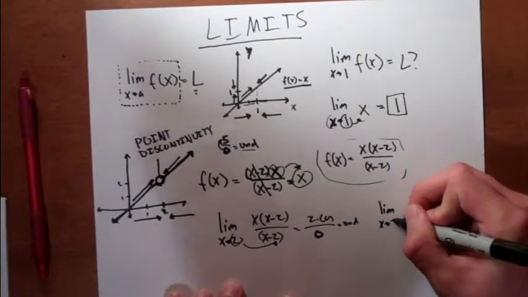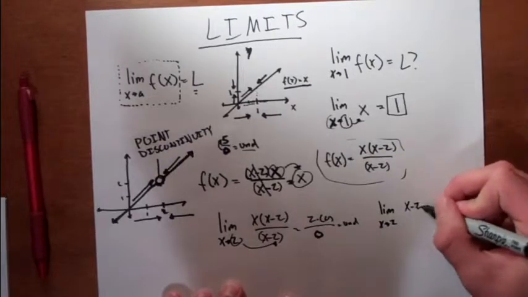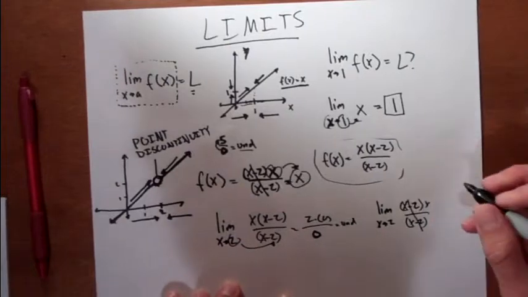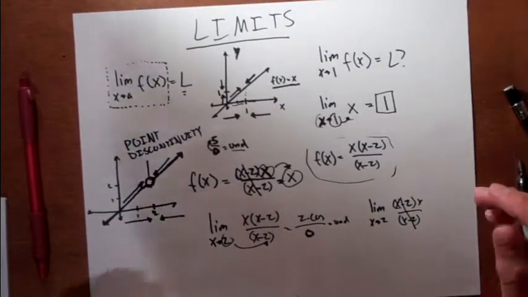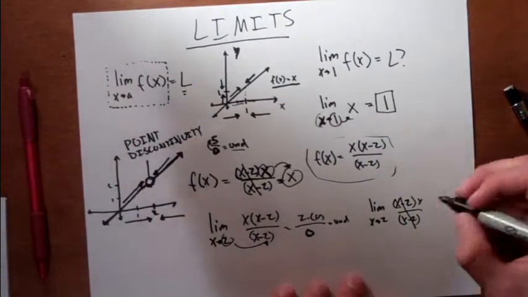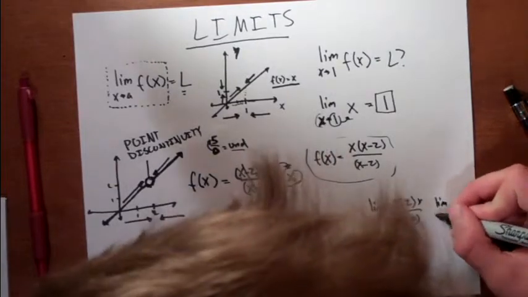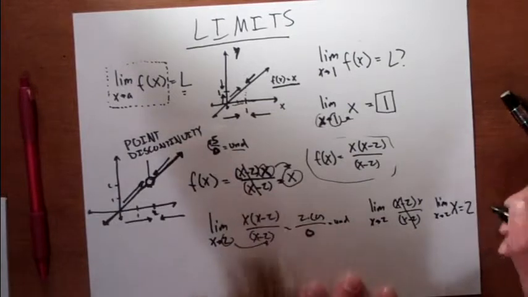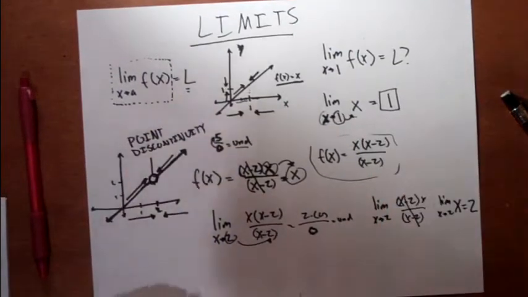Limit as x approaches 2 of x minus 2 times x over x minus 2. We cross these values out, and we just take the limit as x approaches 2 of x, and that's obviously going to be equal to 2, using the same method we did in the previous problem.